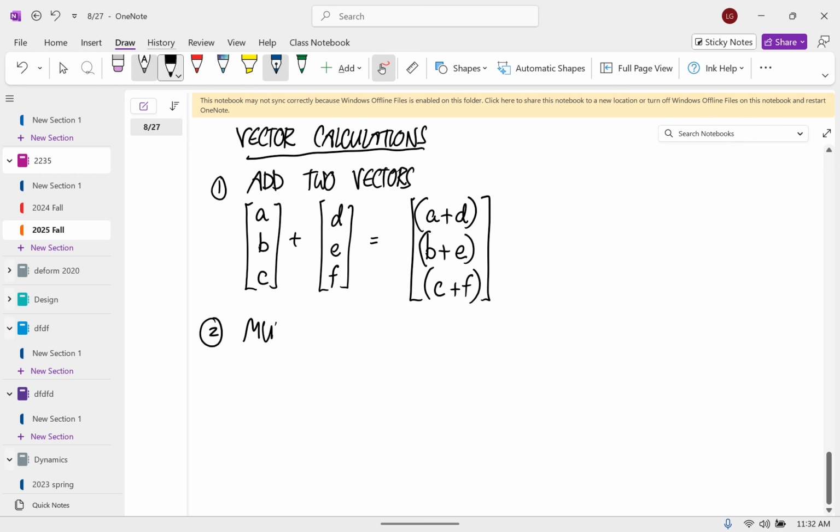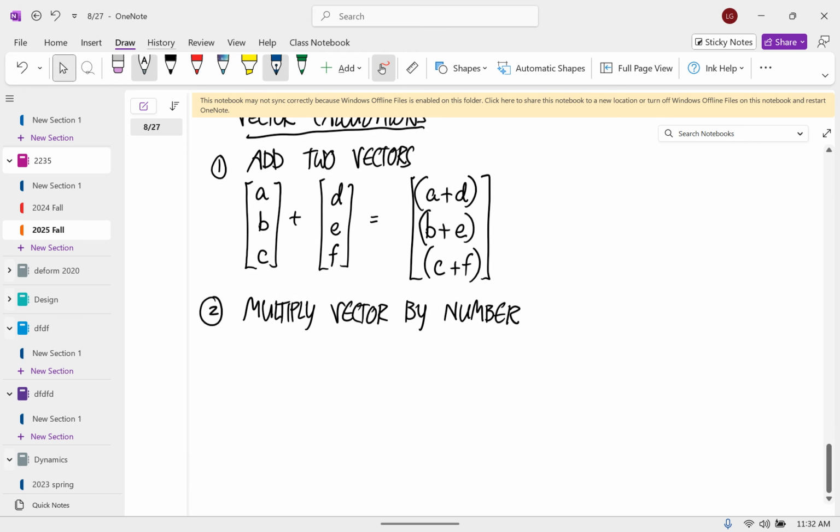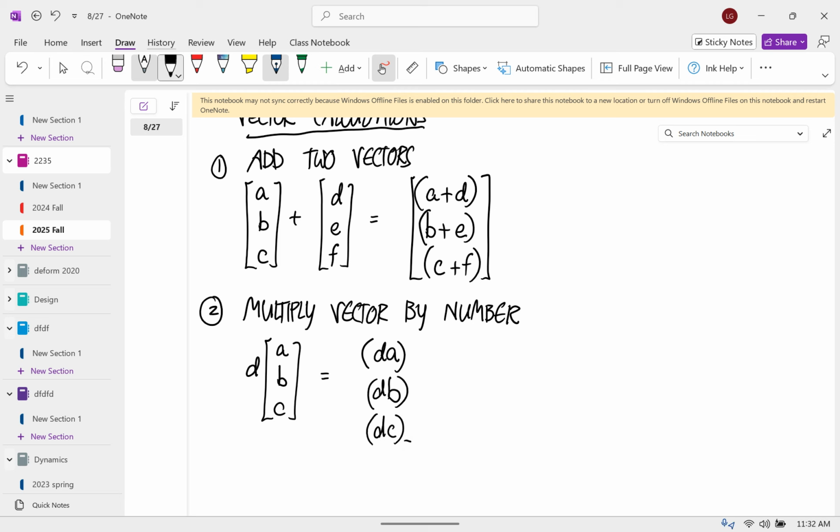If you're multiplying a vector by a number, so let's say we're multiplying the number d times the vector A, B, C, the product is dA, dB, dC. And again, your calculator will do that for you.